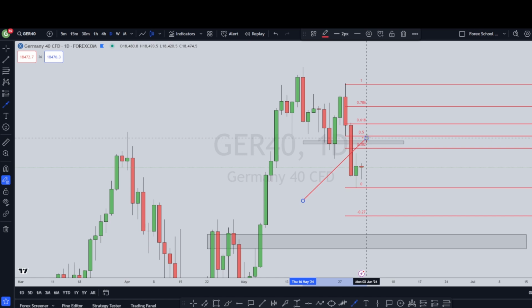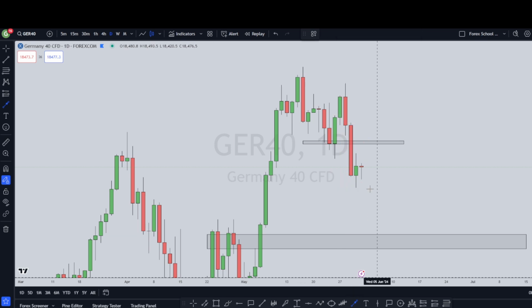And so we would expect these two levels as well as the resistance area to act as a magnet to attract price, to pull it from the downside up to the upside into its zone, to form a correction after this impulsive move to the downside. And so as it stands now, we expect price to be bullish, to create the corrective phase of the market in the DAX 40 instrument.